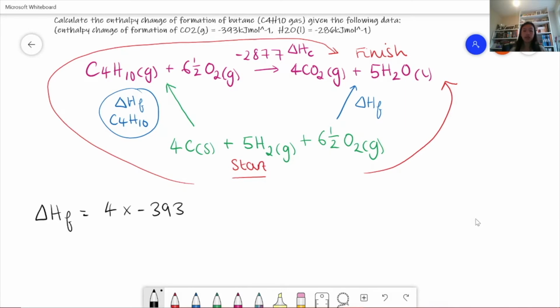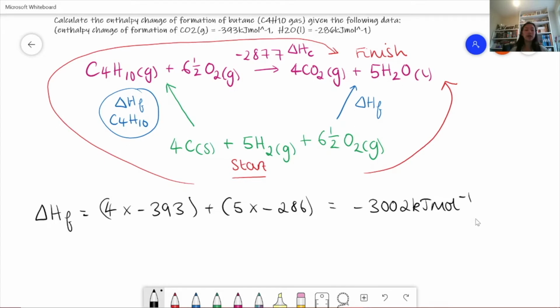And then you would add on the waters. Each water, the enthalpy change is minus 286. Then you'd times that by 5. So 5 times minus 286. And this comes out to be minus 3002 kilojoules per mole.